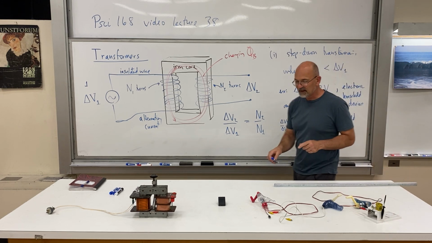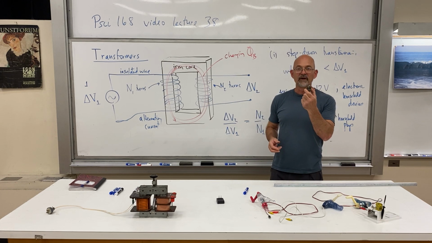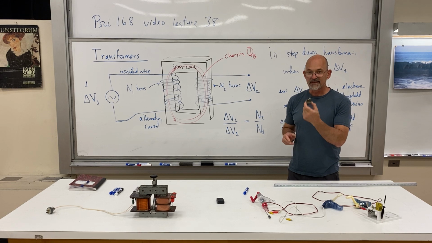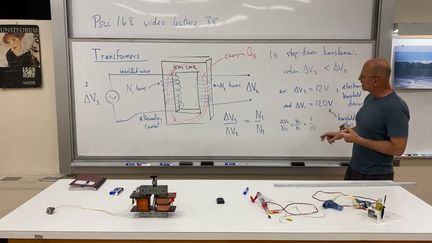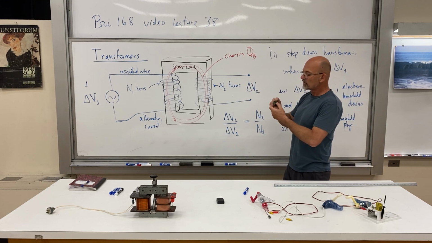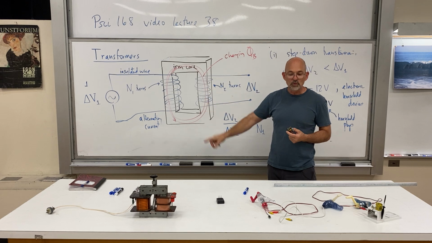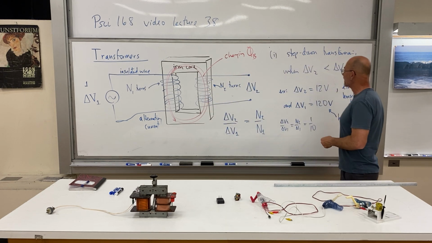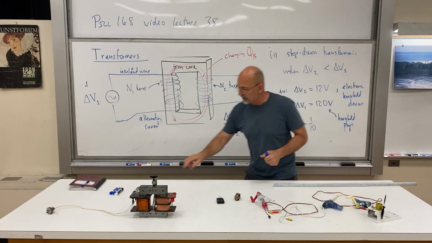Now what's interesting is that this device you have in your own home is a step down, 120 to 12, but you could get the idea to turn it around and then it would go from 120 to 1,200. So be careful if you do that. Be very careful. My next example though is a step up transformer.